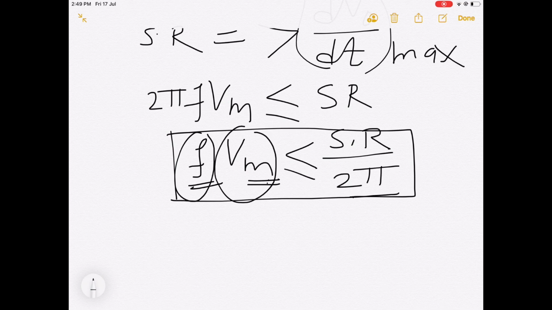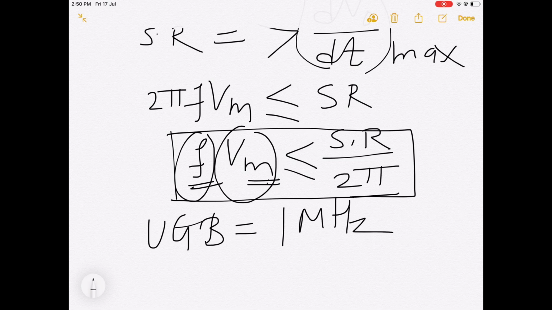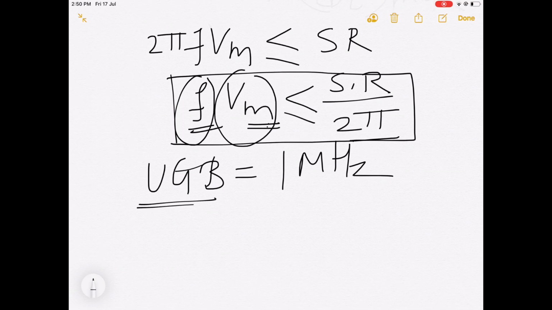To operate the IC741 at its full small signal bandwidth of 1 megahertz, as I told you, the unity gain bandwidth of the op amp is 1 megahertz as a voltage follower. Then we can calculate the maximum voltage at which there will be no distortion at the output.